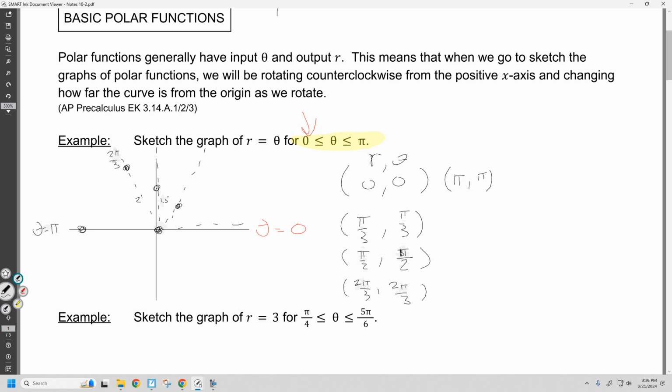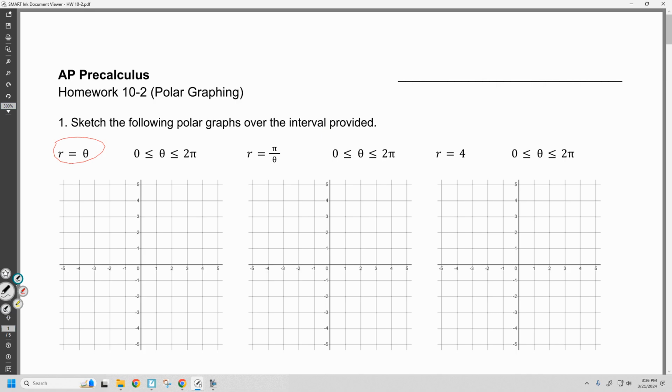We can see as our angle increases, our radius is increasing. On your homework, I wouldn't want you to be perfect. Rather, make sure you go through 3, and make sure you go to 5, 6.28, and make sure you spiral outward. It has to look like that.